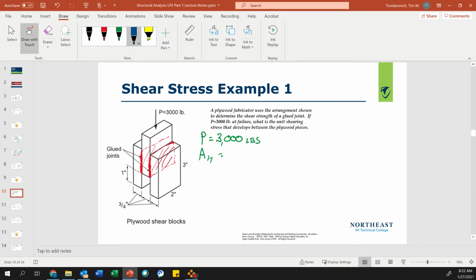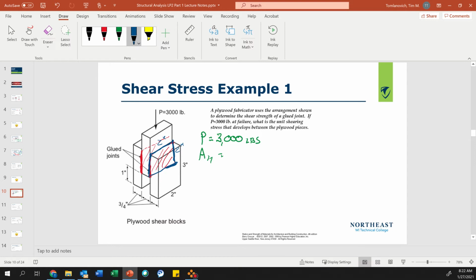So we know this is 3 inches high. Let's get our dimensions so we know what our area is going to be. We know it's 2 inches here, 1 inch up, and that's 3 inches. So would you agree it's 2 inches by 2 inches? 2 inches wide by 2 inches deep, because it's up 1 inch from 3.